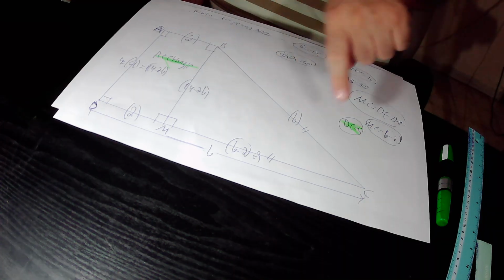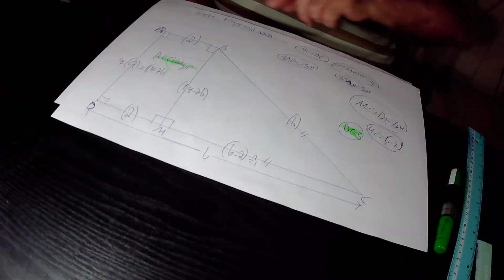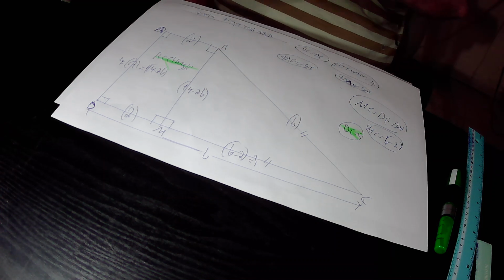Our mission is to find the area of trapezoid ABCD. The area of the trapezoid equals the sum of its two parallel bases, that is AB plus DC, times the height, that is AD, over 2.